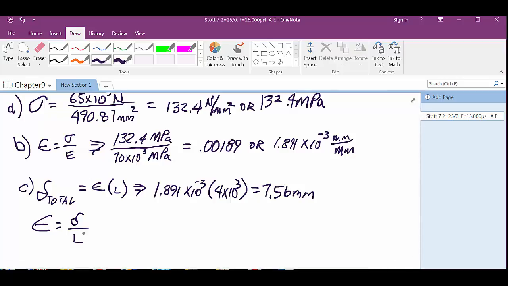On 187, it has the same equation without the sub S, equation 9.6. Total deformation by the original length, and that's what the strain is. Then you just rearrange it.